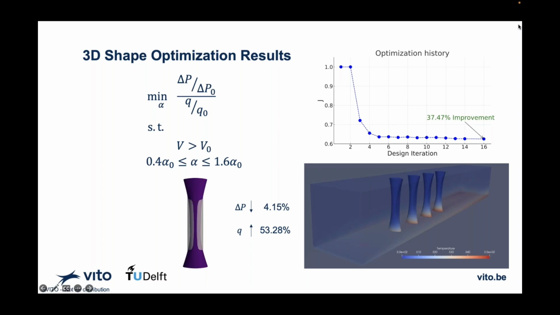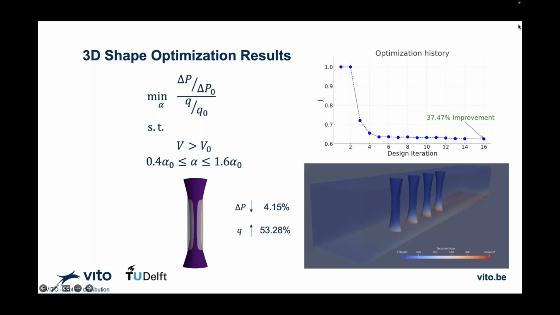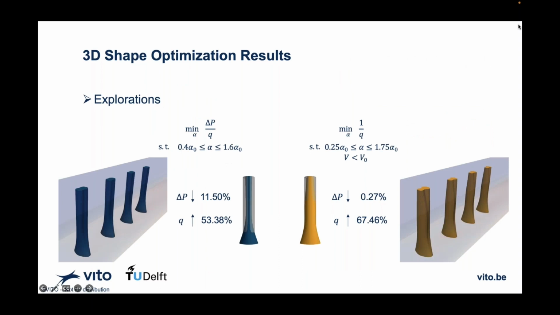So with this, I also tried several other explorations where I want to reduce the complexity, in the sense that probably this volume constraint in this case is not needed, and then what kind of results do we get. And you can see the results for a different case, where we get a larger performance improvement for pressure drop while also getting a higher performance improvement for heat transfer rate as well.